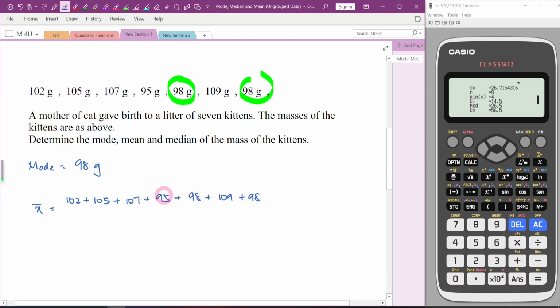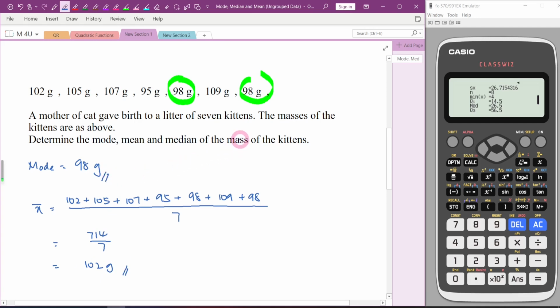Okay. Since there are 7 data, divided by 7. Let me calculate using my calculator first. The sum is 714 divided by 7, which is equal to 102. Okay, so this is the mean.